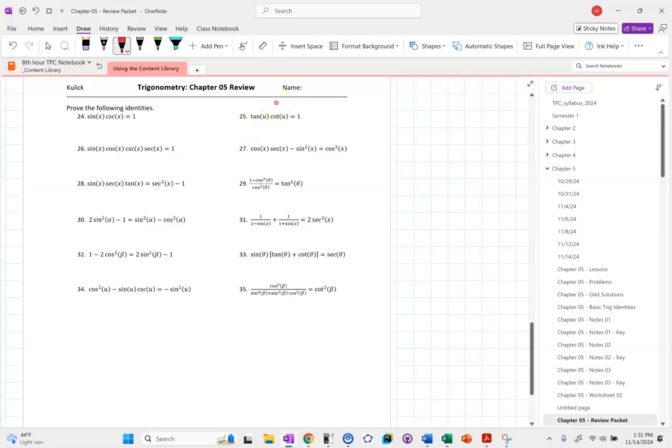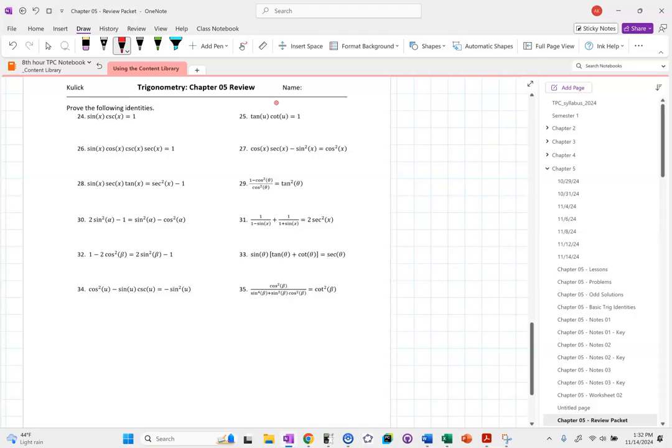I want to say one more thing about your identity proofs. After looking at your homework quizzes, the other thing I'm going to be picky about when I'm grading these things is the readability and organization of your work. Some of you do a good job and you go from one step to the next step, and everything moves sequentially and it's easy for me to follow what you're doing.